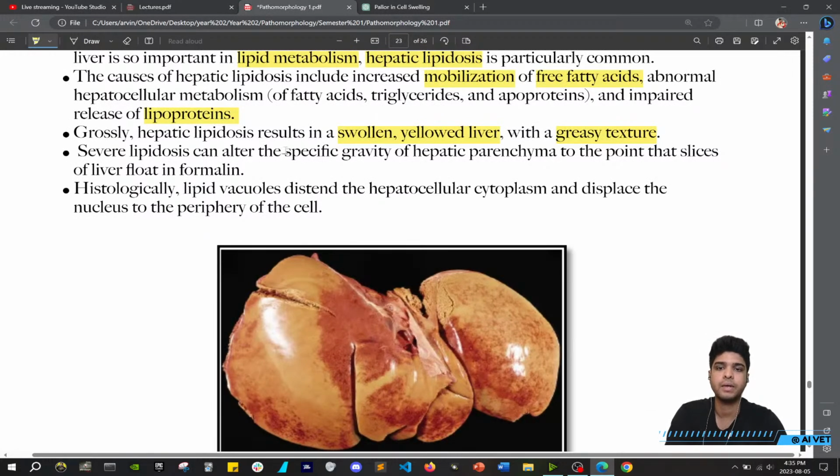Alter the specific gravity, so they float in formalin. Okay, so it displaces the nucleus to the periphery. Okay.